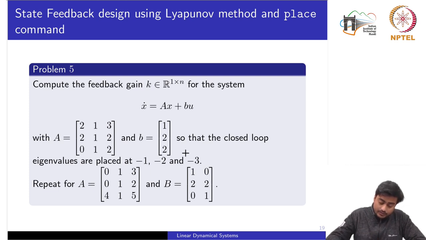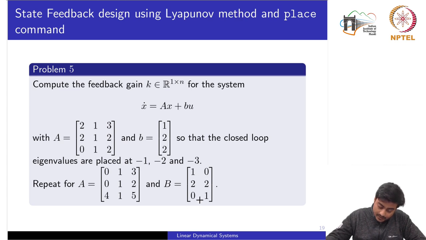Here we want to see numerically, if we use two different methods for computing the state feedback gain to place the eigenvalues at the same location, whether those gains would be the same or different. So this problem we would see with the single input variable case and also with the multi input variable case.